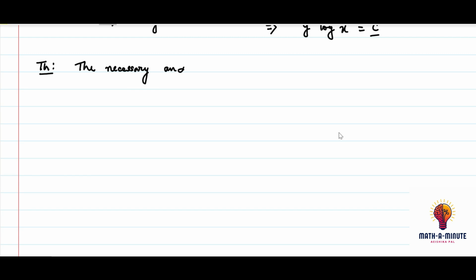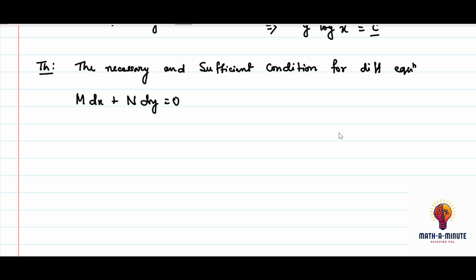the necessary and sufficient condition for a differential equation M dx plus N dy equals 0 to be an exact equation is that del M del y equals del N del x.